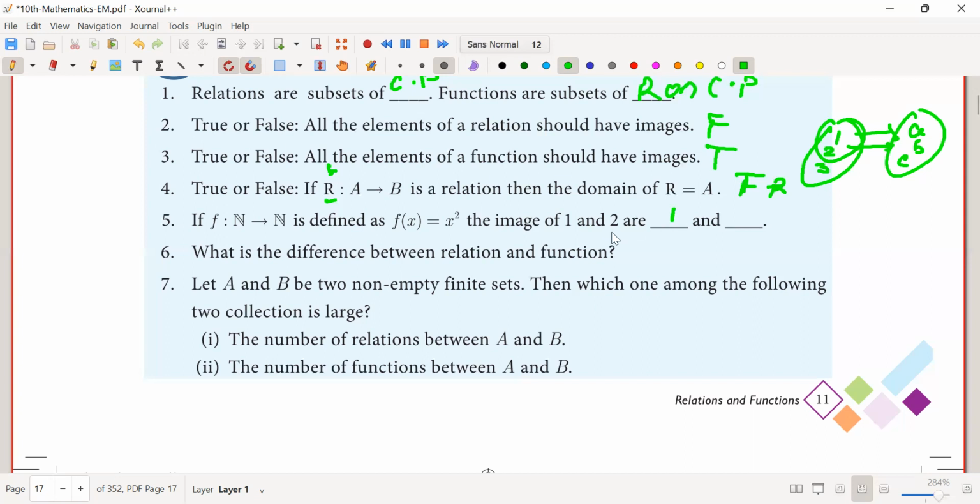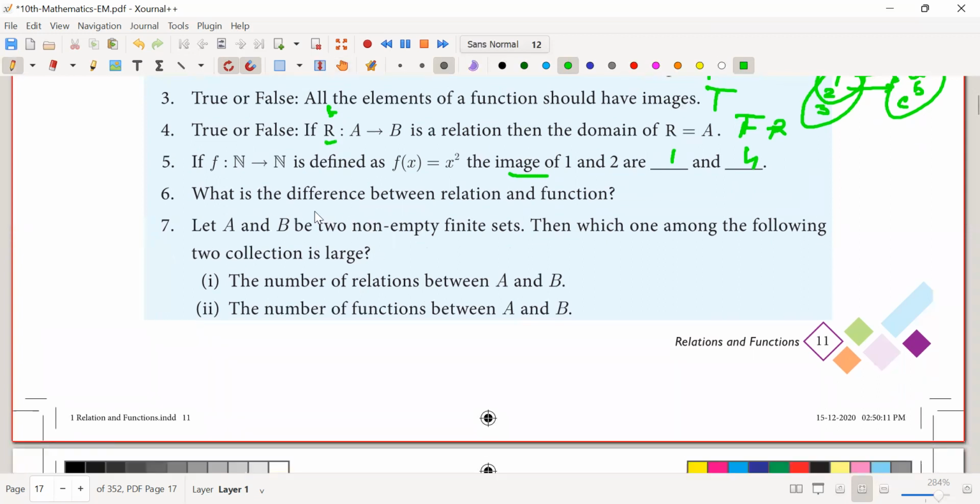Image of 2 is 4. They may ask pre-image of 9, pre-image of 16. Then we can easily relate. A lot of people could proceed and write 81, 256. So be careful whether it is image or pre-image.